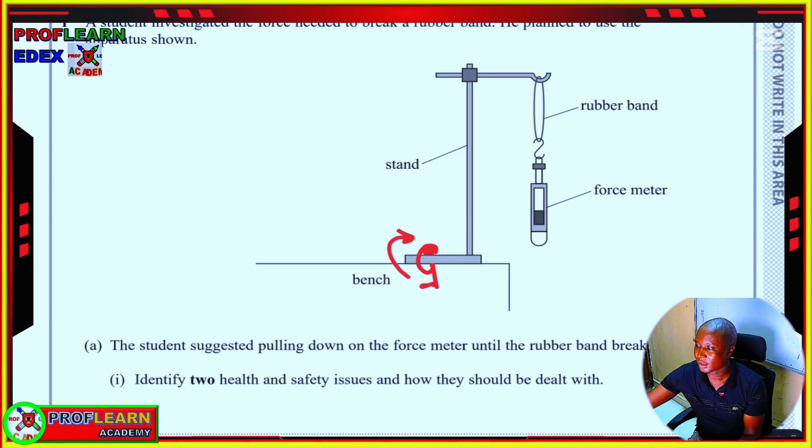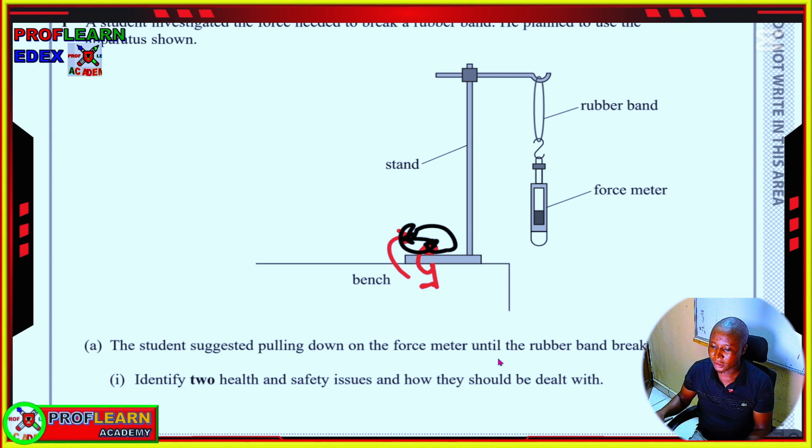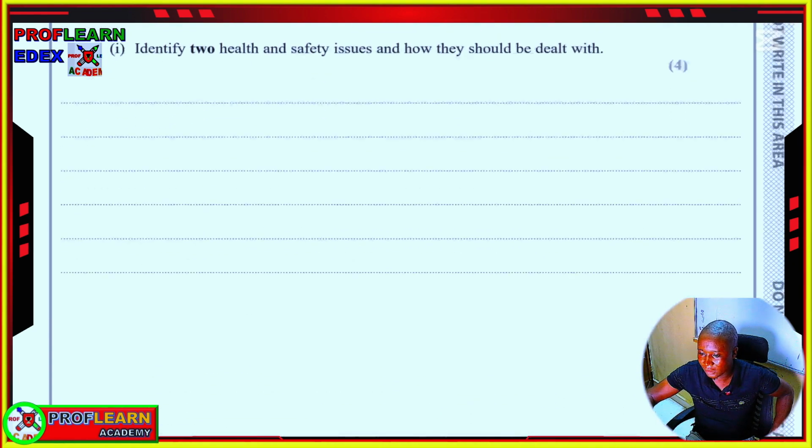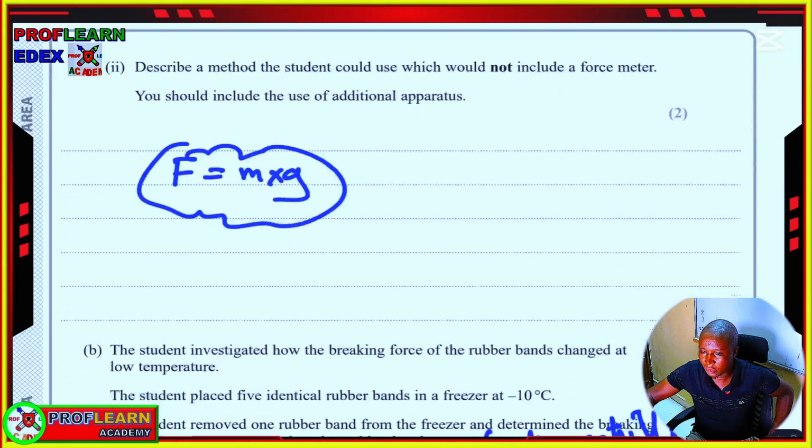Or you can even bring a heavy mass on top of this to keep it intact. Those are some of the precautions that you need to identify. So based on the experiment that is given, you need to know how to approach a question to do with safety precautions.